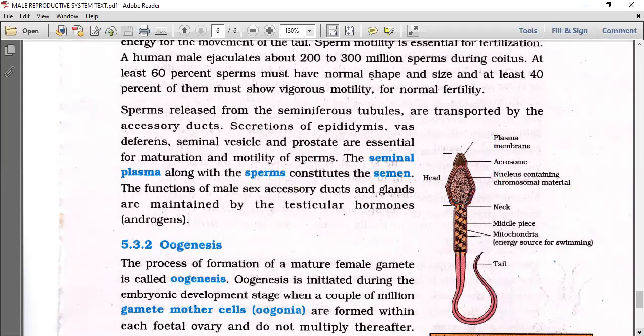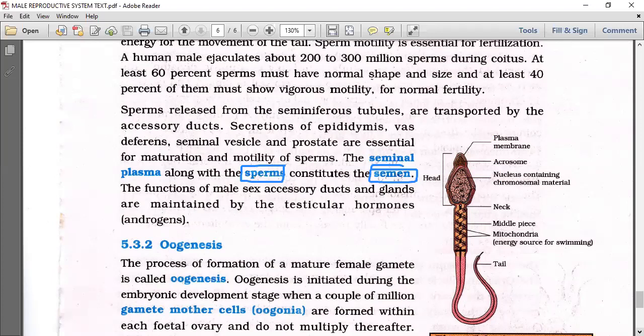Sperms released from the seminiferous tubule are transported through the accessory ducts. Secretions of the epididymis, vas deferens, seminal vesicle, and prostate are essential for the maturation and motility of the sperm. The seminal plasma along with the sperm constitutes the semen. As we said earlier, 60% is contributed by the seminal vesicle and 15 to 30% by the prostate gland.